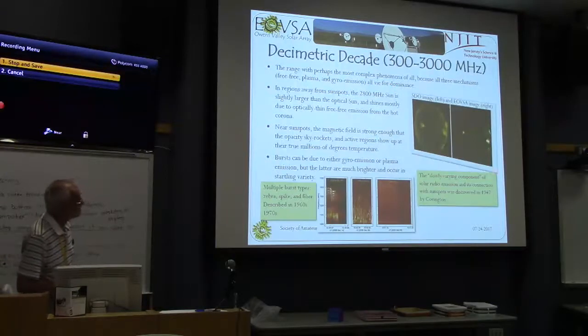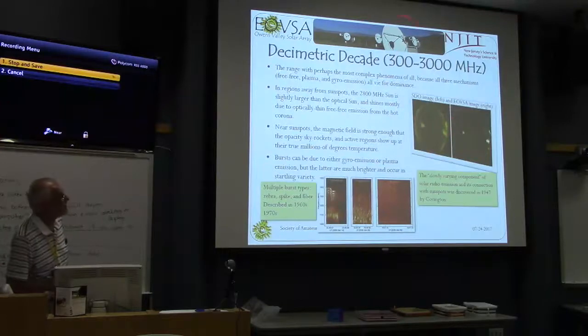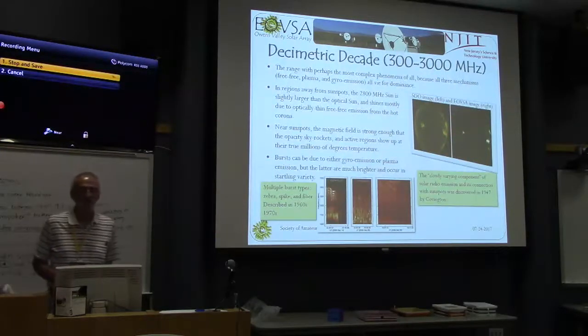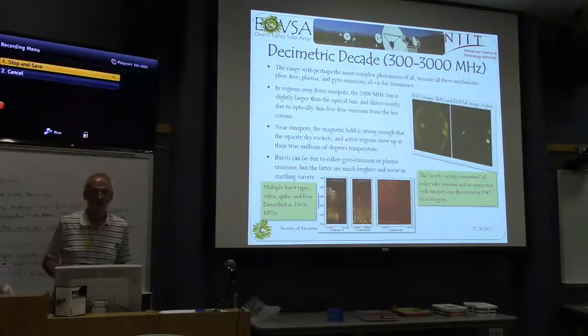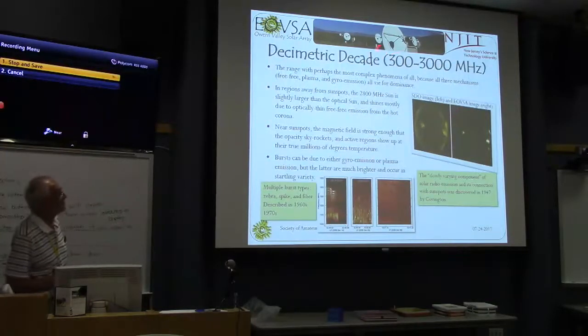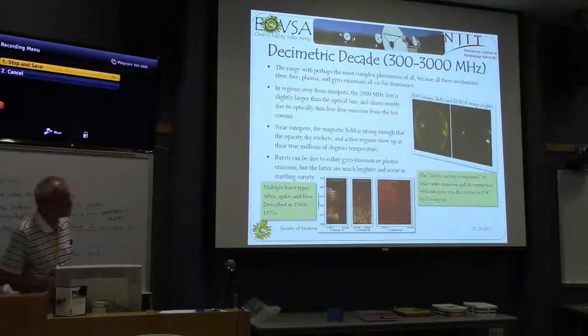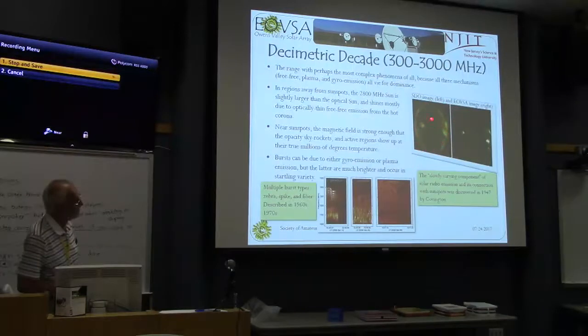This is an image from our array here. Our array has been being constructed over the last 5 years or so. It's an upgrade to an existing array, and we've finally gotten it to the imaging stage. And so this is actually one of our images taken in April compared to one of the STO extreme ultraviolet images.